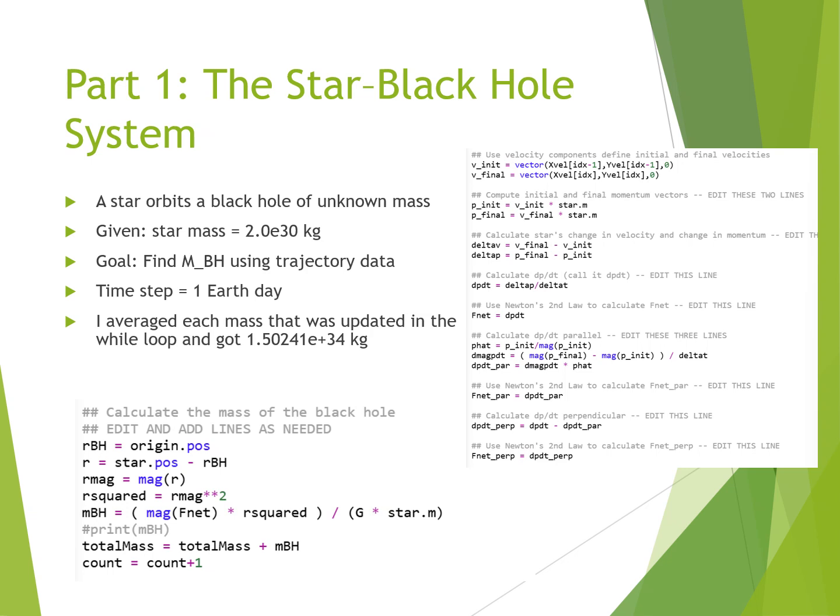The picture on the right has all my values for the velocity, momentum, delta velocity, delta momentum, and then the F net, which equals dp/dt. And the bottom picture is of calculating the mass of the black hole.